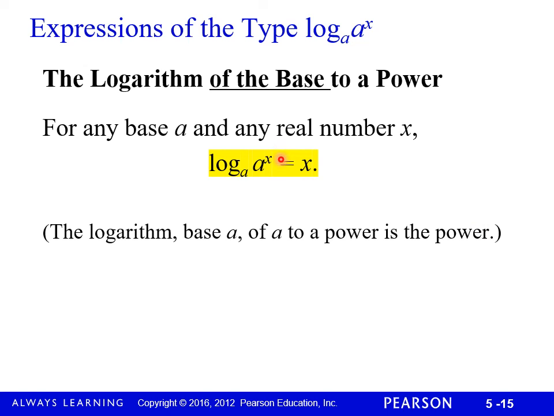And this goes with the idea that logs and exponents are inverse functions, inverse operations. Just like if I add 2 and subtract 2, I end up back in the same place. So if I take the log base a of a raised to a power, I'm just going to get back to that power. The log cancels out the exponential.